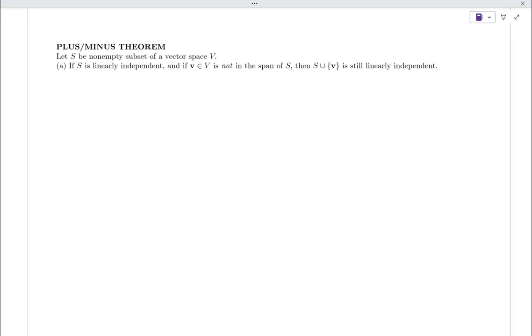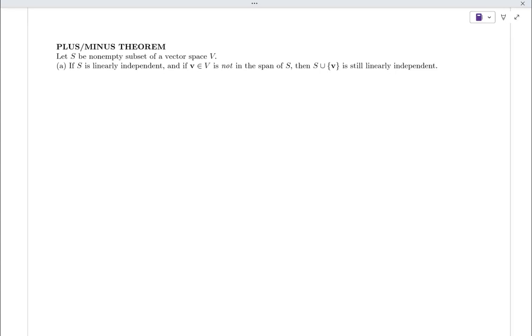This should make sense from a concept standpoint. Remember, linear independence means that I cannot write one of the vectors in terms of the rest. Well, if it's not in the span, then I can't write it in terms of the rest. Right?